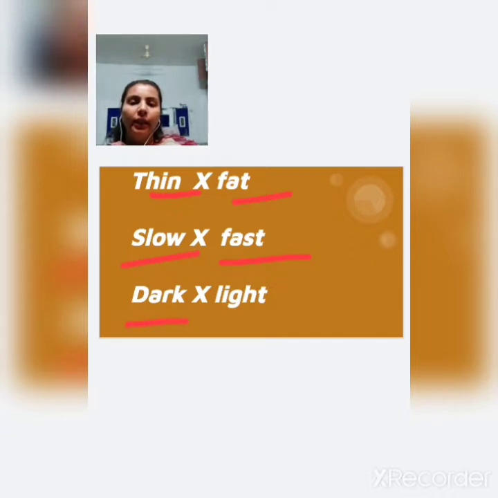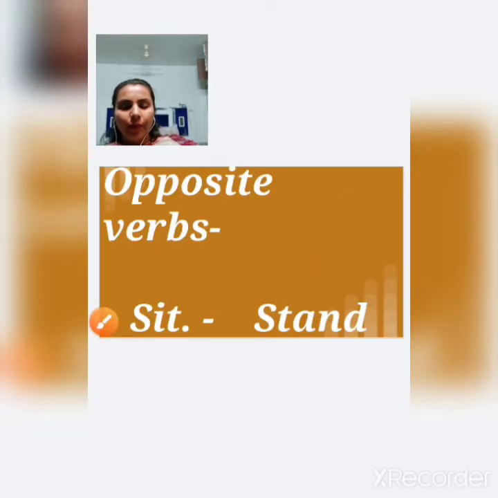Similarly, dark, and the opposite of dark is light. So dark is an adjective, and the opposite adjective of dark is light. Now see opposite verbs.